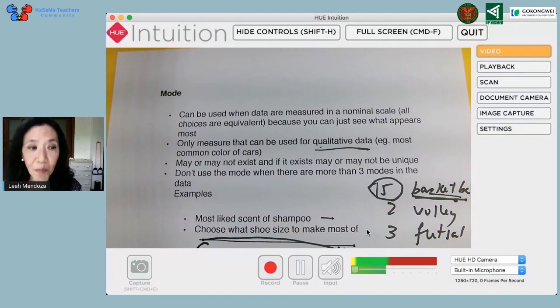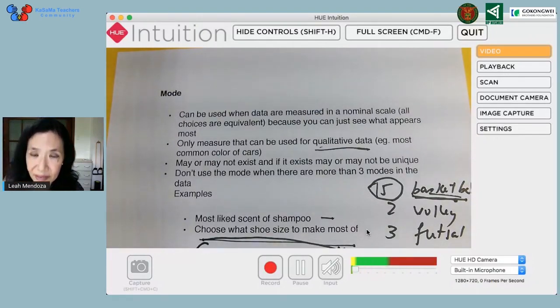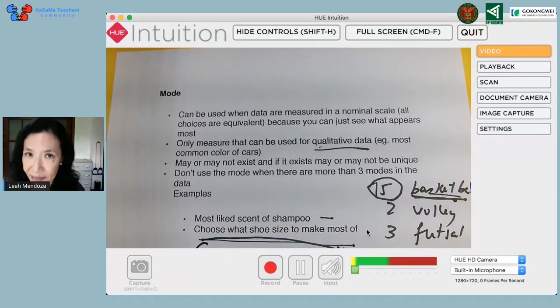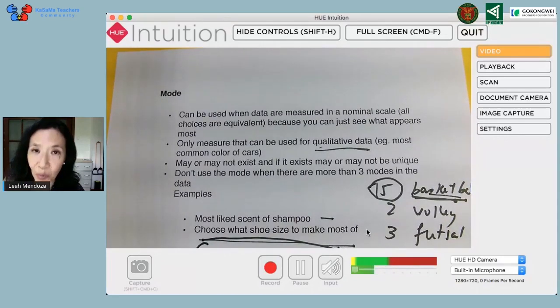So, comparing this to the mean and the median, the mean and the median always exist and are always unique. The mode, on the other hand, may not exist, like in the case of 1, 1, 2, 2, 3, 3, where there is no mode. And if it does exist, it may not be unique, like if it is bimodal or trimodal.